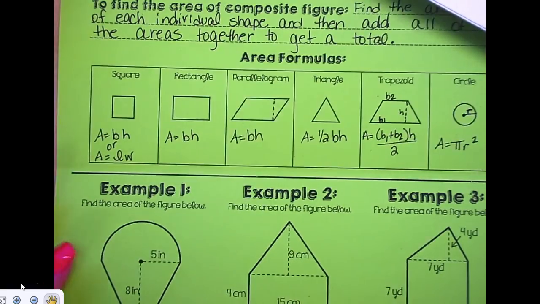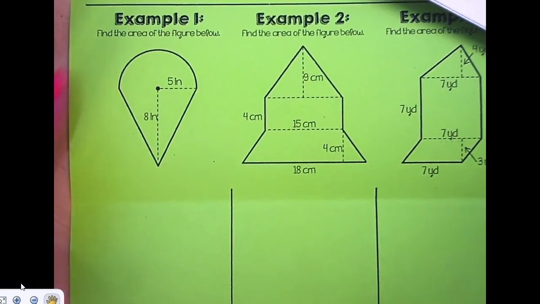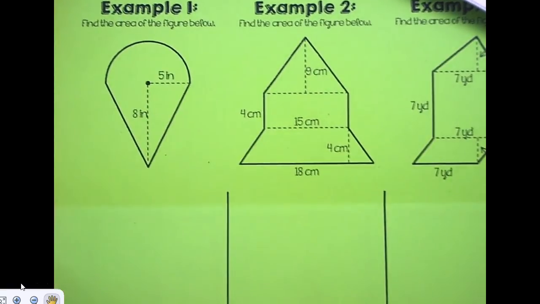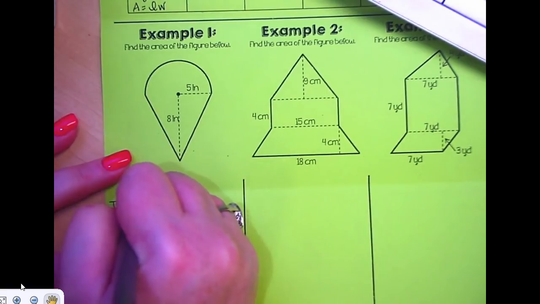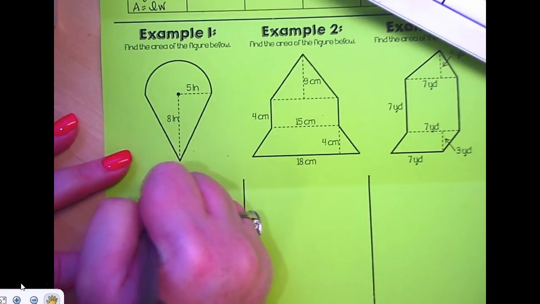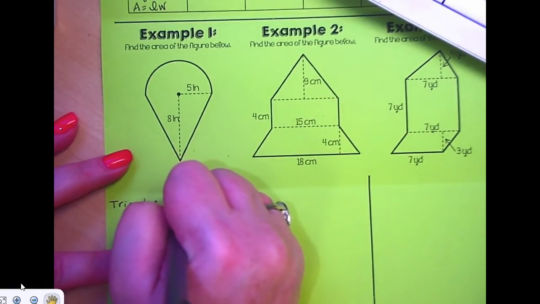Okay, here we go. So, down here in example 1, let's start with the triangle shape. And triangle is 1/2 of the base times the height.